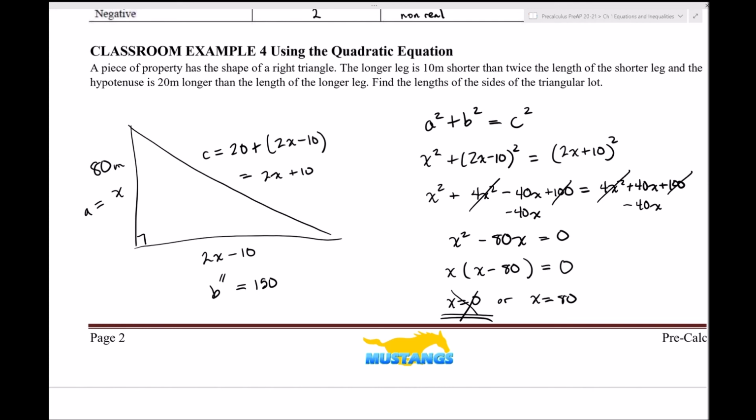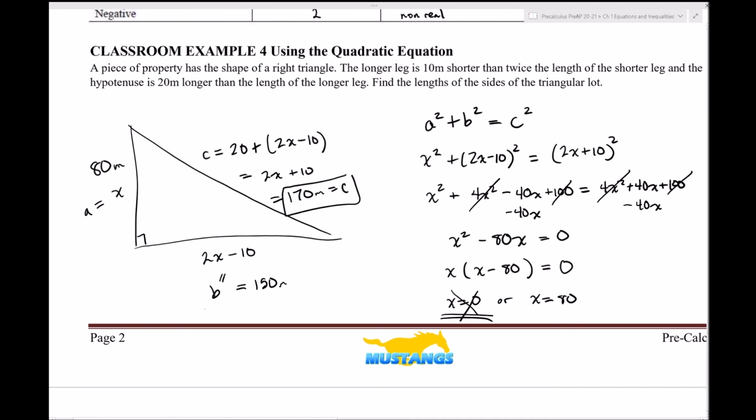Twice the shorter is 160, minus 10, and you get 150. For the hypotenuse, you take the length of the longer leg and add 20 to it, because the hypotenuse is 20 meters longer than the longer leg. So really just plugging in 80: 160 plus 10 is 170. Or really it's just 150 plus 20, because they said 20 added to the longer leg. And these are in meters.